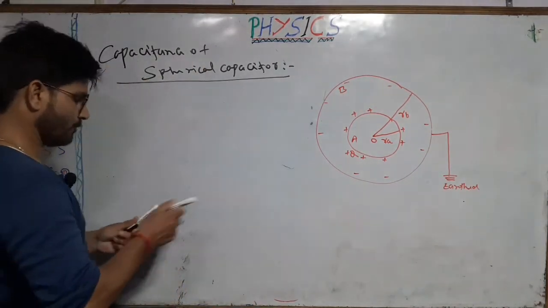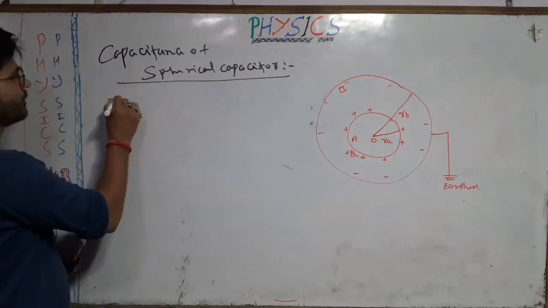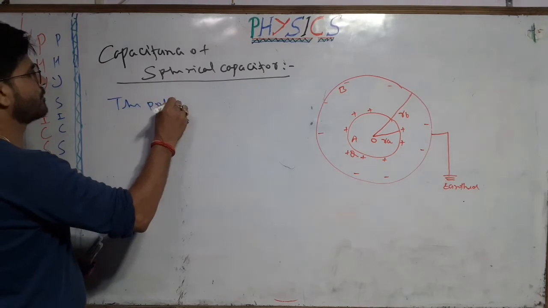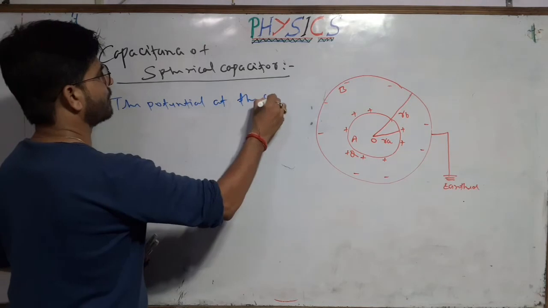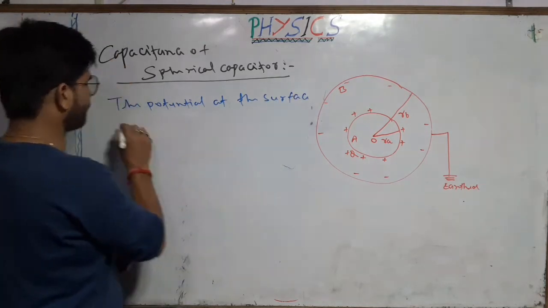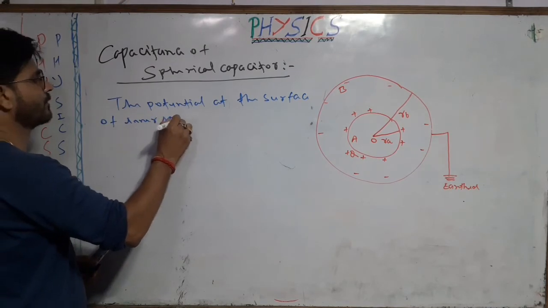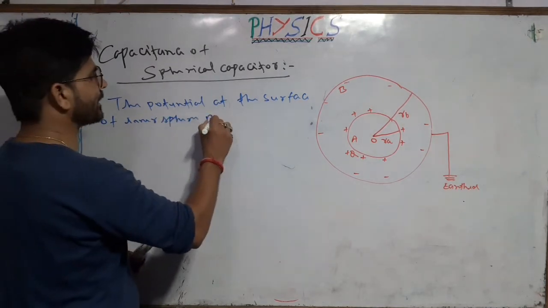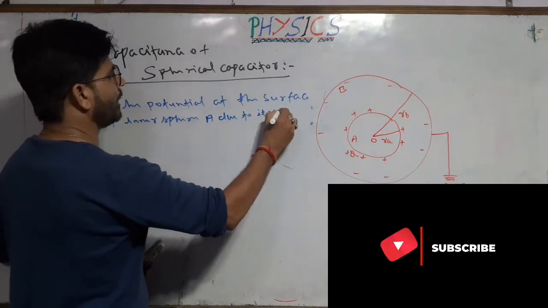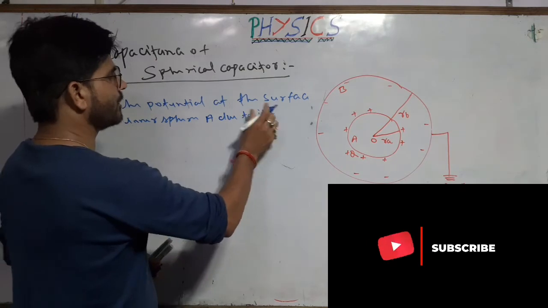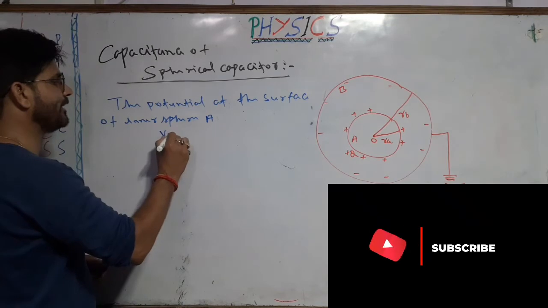Now the potential at the surface of the inner sphere A due to its own charge is VA.